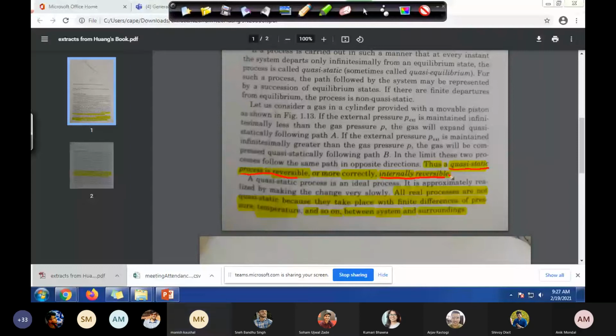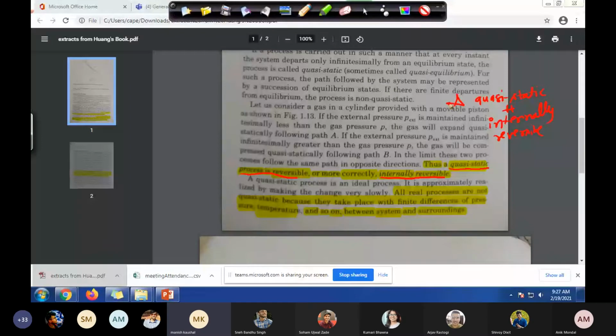So we'll keep in mind that quasi-static is equivalent to internally reversible. No problem. That is point number one. Throughout your life you will remember it.